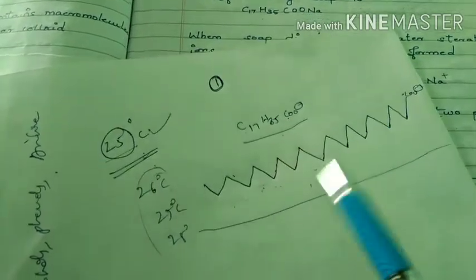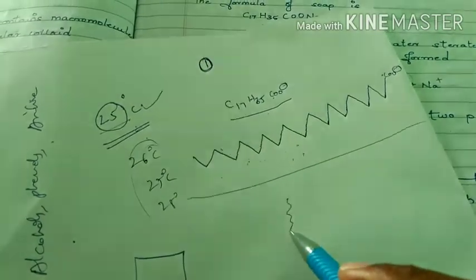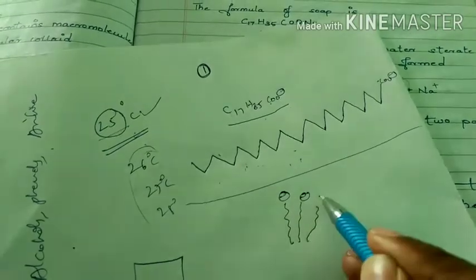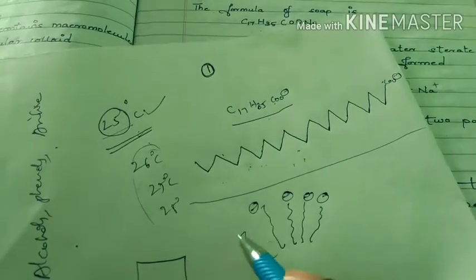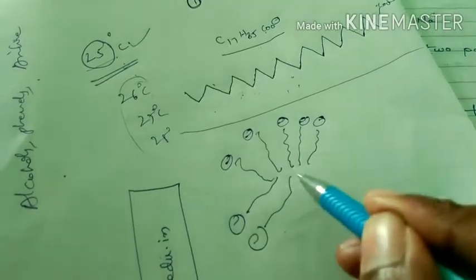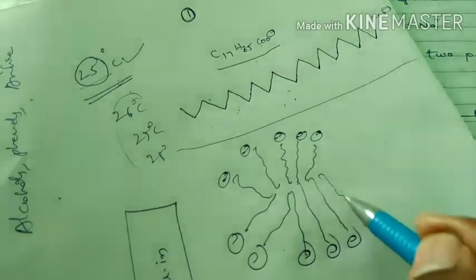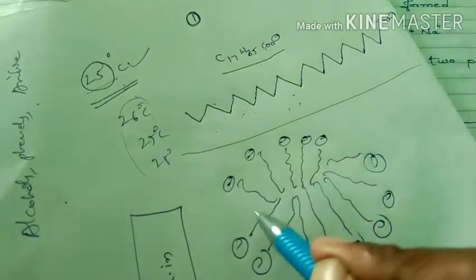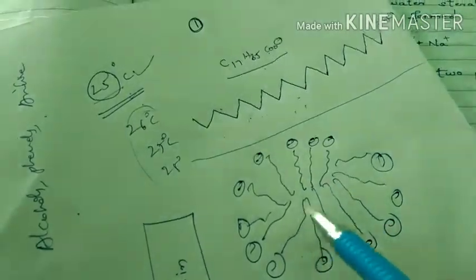All these ions aggregate each other. Aggregate means association, I discussed already. This is one stearate ion, this is one stearate ion, this is one stearate ion. So these all are stearate ions.